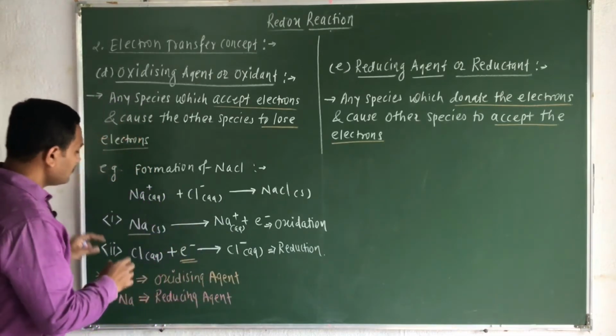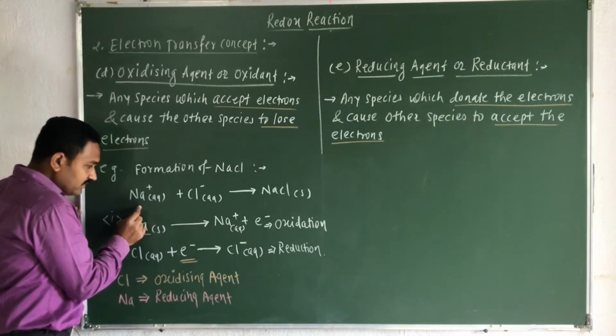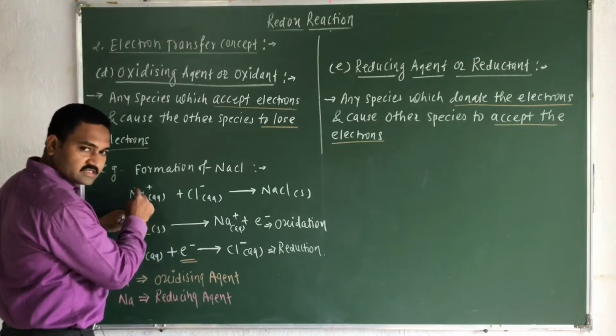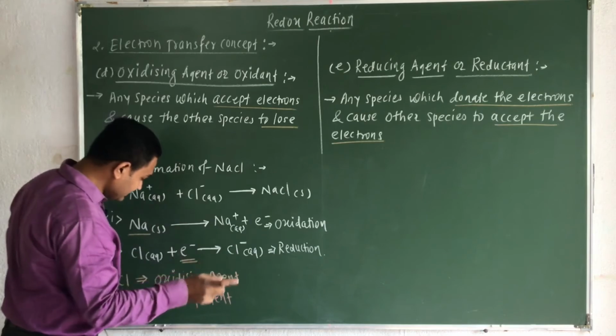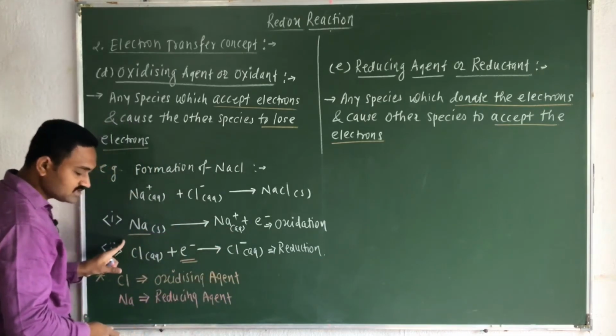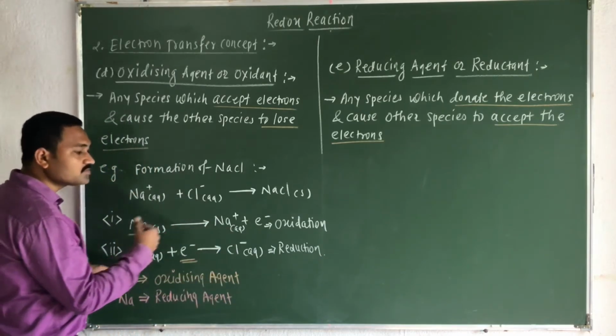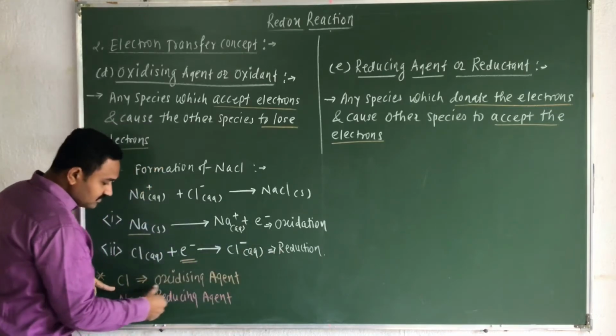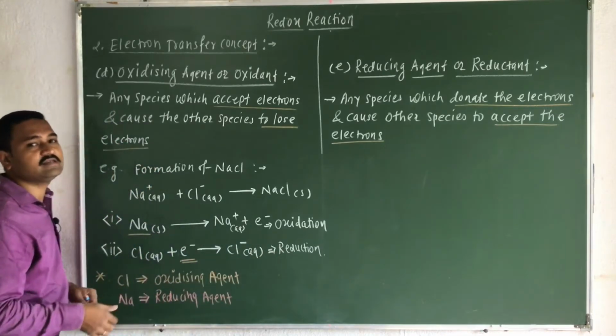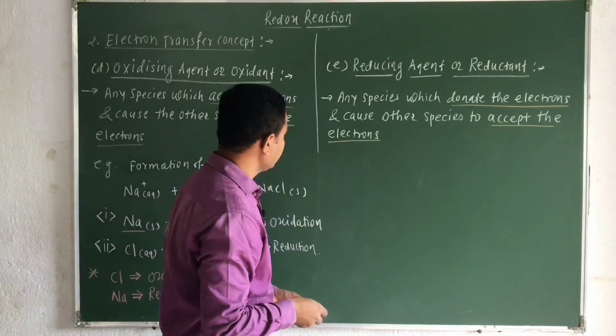Whenever the oxidation process takes place, that species will act as a reducing agent, and whenever the reduction process takes place, that species will act as an oxidizing agent. Consider the second simple example for this.